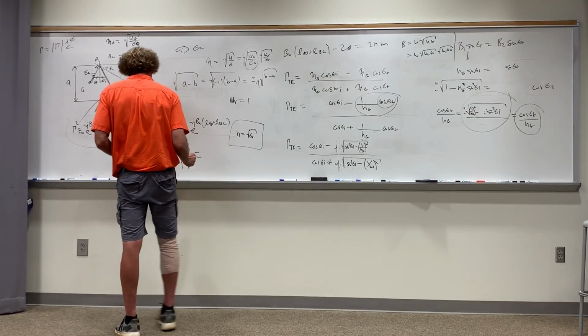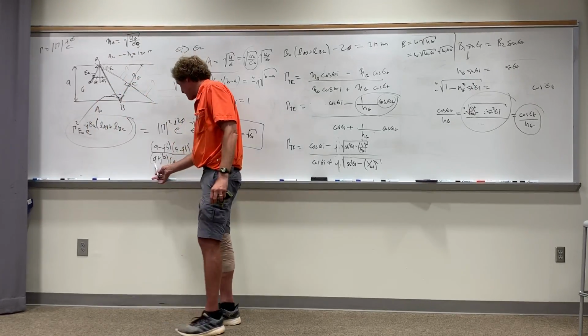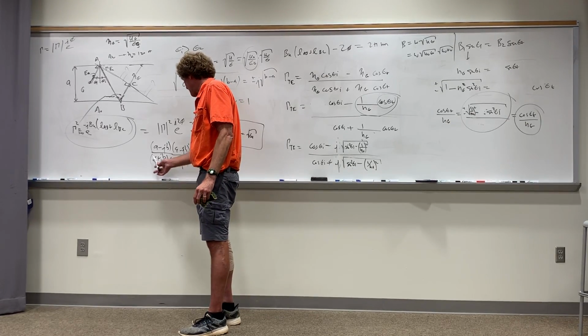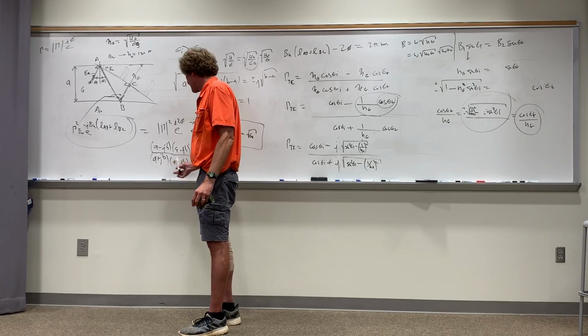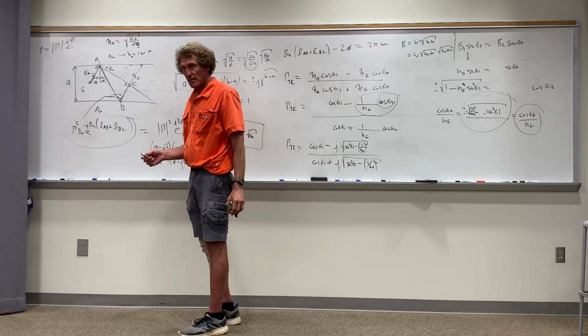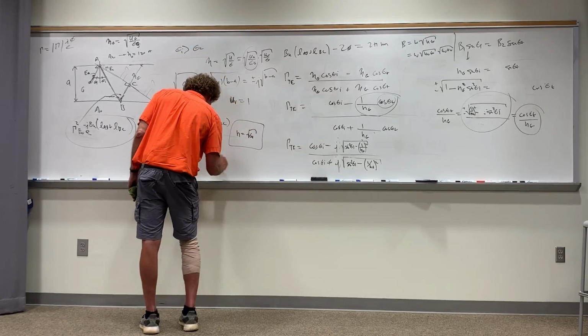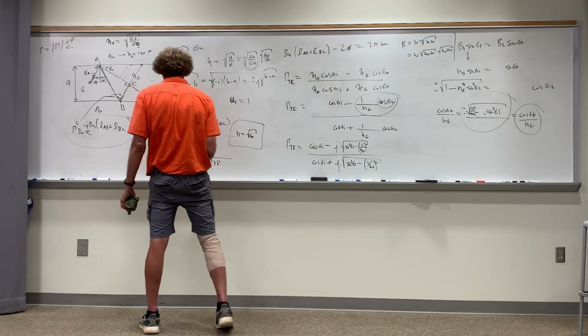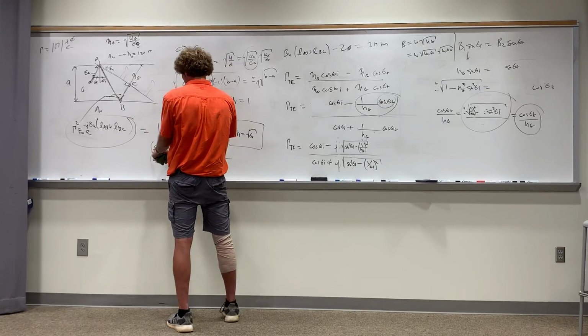Because what do I get downstairs? Then I get a squared, right? I get plus jba minus jba, they cancel, and then I get plus b squared, right? So I get a squared plus b squared downstairs, and what do I get upstairs? I get a squared, right?